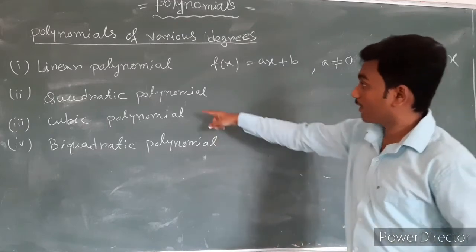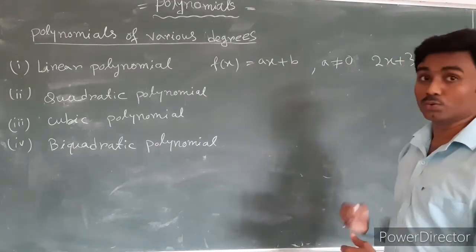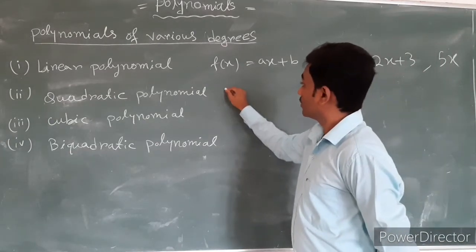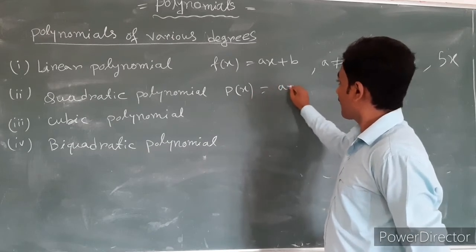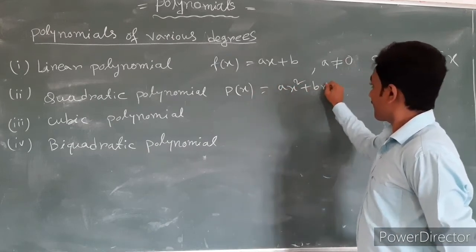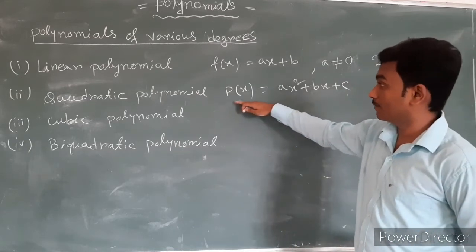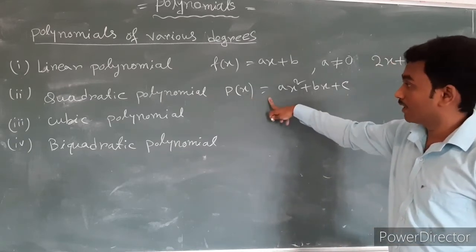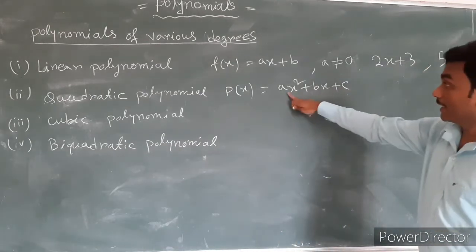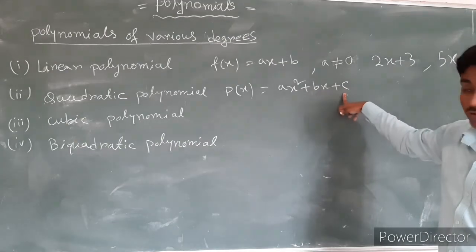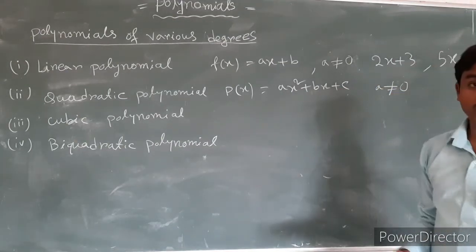Next, quadratic polynomials. A polynomial of degree 2 is called a quadratic polynomial. So a quadratic polynomial can be written as p(x) equal to ax squared plus bx plus c. a, b, c are constants and a must be not equal to 0.